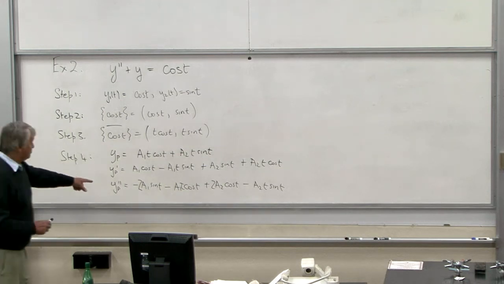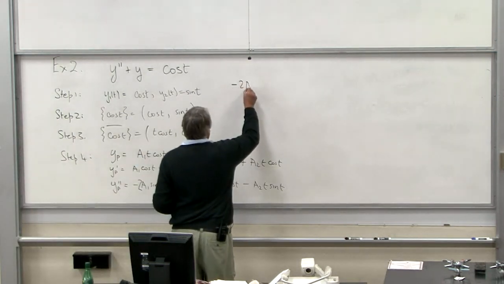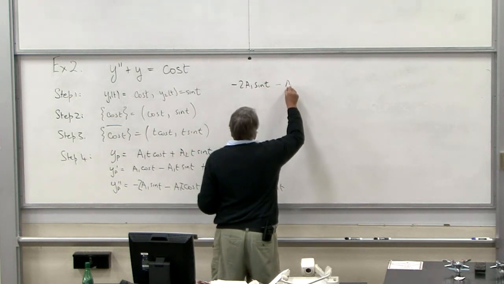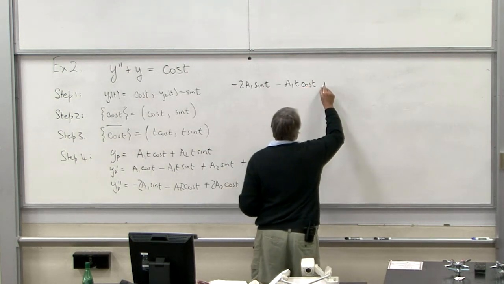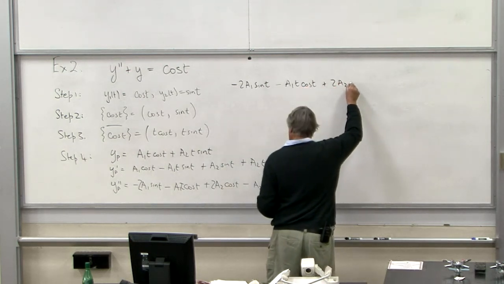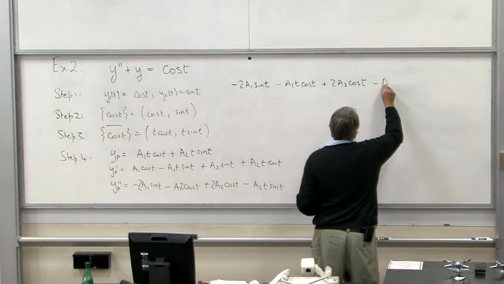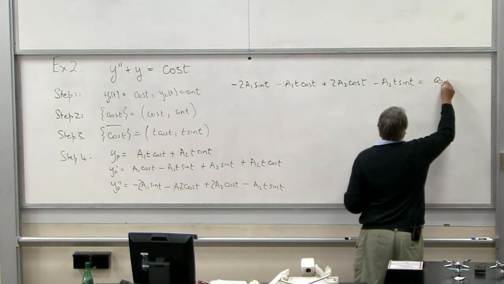All right, so now I bung it into the equation. So I get minus 2a1 sine t, minus a1t cos t, plus 2a2 cos t, minus a2t sine t, and that's all got to be equal to cosine t.